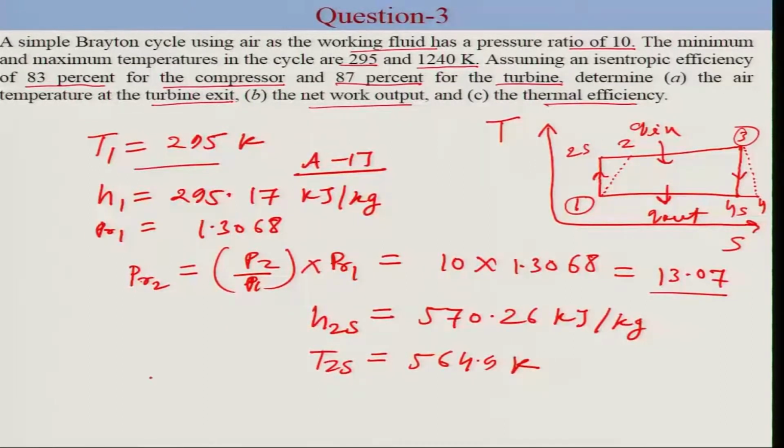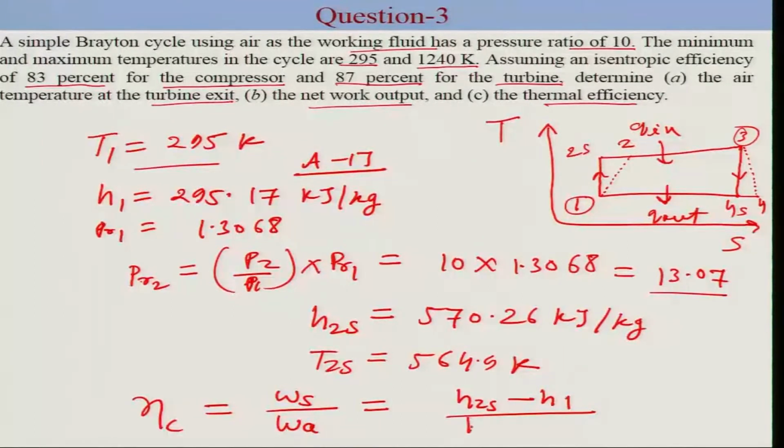Okay. Now, from the compressor efficiency, which is equal to the ratio of isentropic work to the actual work, will be equal to change in enthalpy, H2s minus H1 upon H2 minus H1. So, from here, after solving it, we get H2 equal to H1 plus H2s minus H1 divided by compressor efficiency.